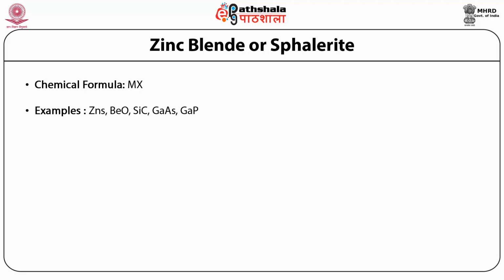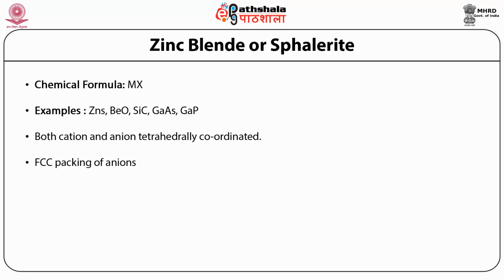Typically, compounds with tetrahedral coordination assume this structure. In this structure, anions form an FCC lattice and cations occupy the tetrahedral interstices. Due to the stoichiometry, half of the tetrahedral sites are filled.